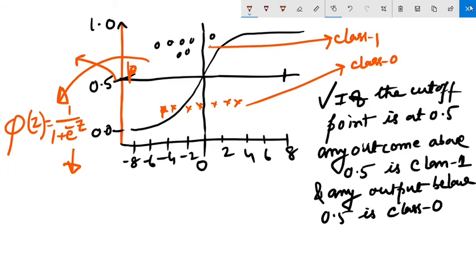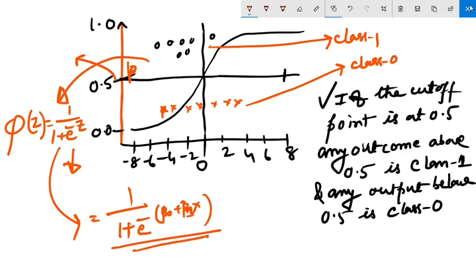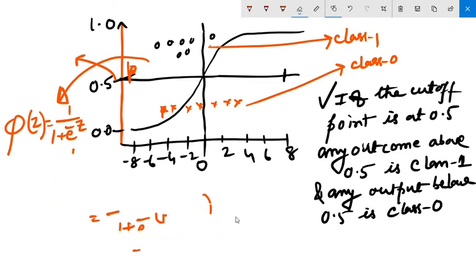So the conversion can also be thought of from that point of view. But anyway we are not needing this right now. So this is what logistic regression is.